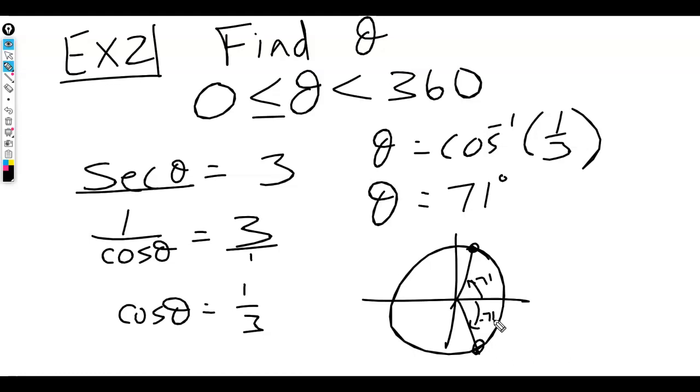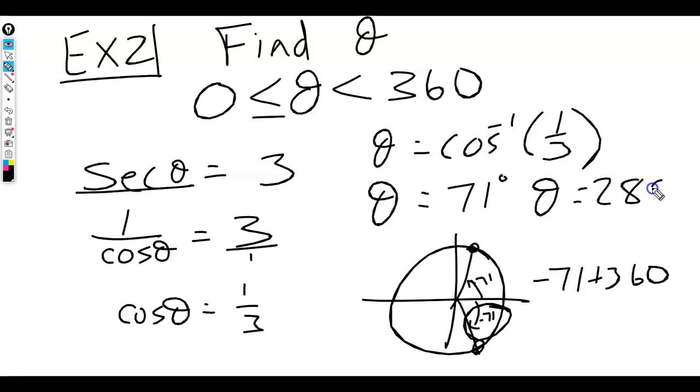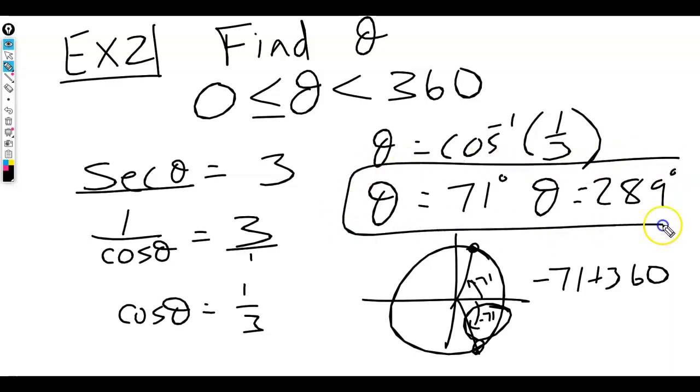So how do I transform the negative 71 into a positive between 0 and 360? I take negative 71 and add 360 to it, and I've got my other answer. So that would be 289. There's our two answers. From this point on, it's exactly the same as what we've been doing since the lesson started. The difference for secant is, of course, that you have to take the reciprocal first on both sides.